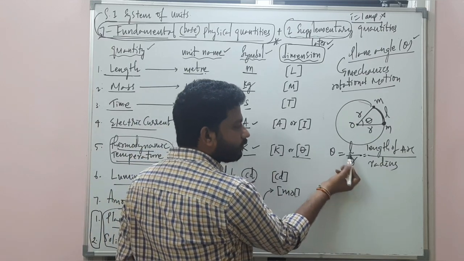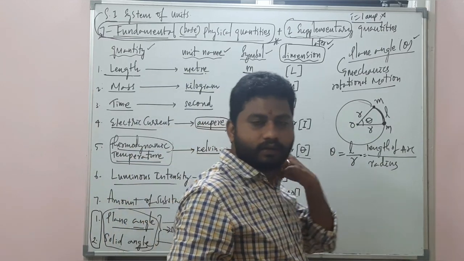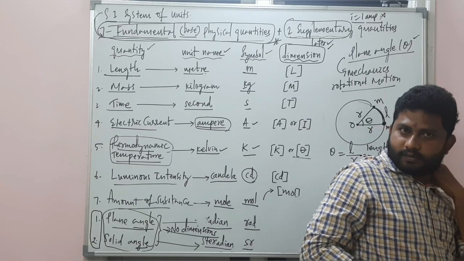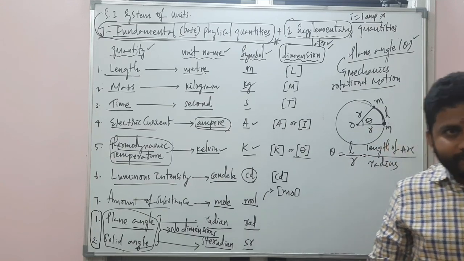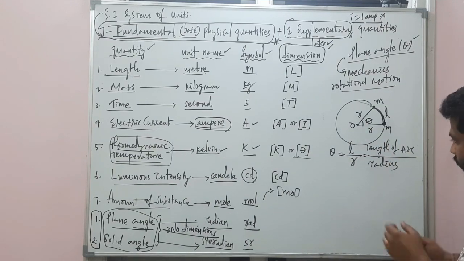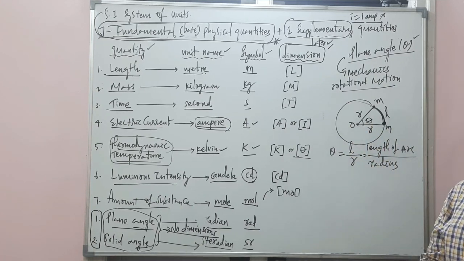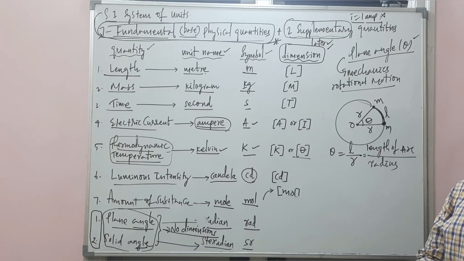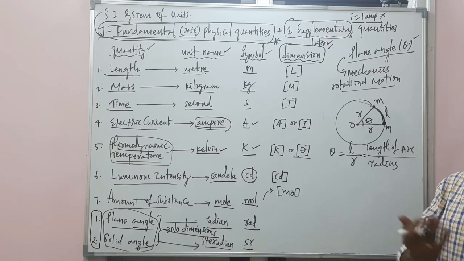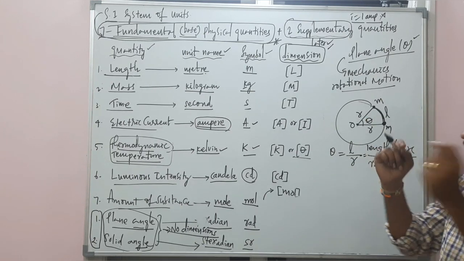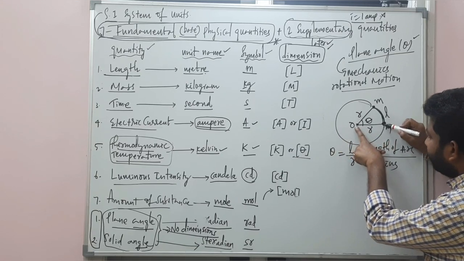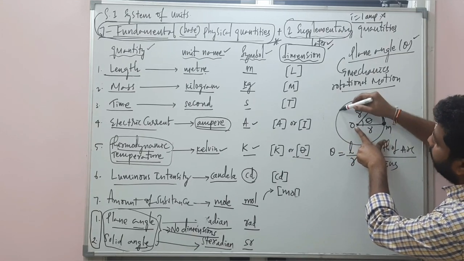L by R. What is L? Length. What is its unit? Meter. What is R? Radius. What is the unit of the radius? Meter, because radius is also a length from the center to any point on the circular path.